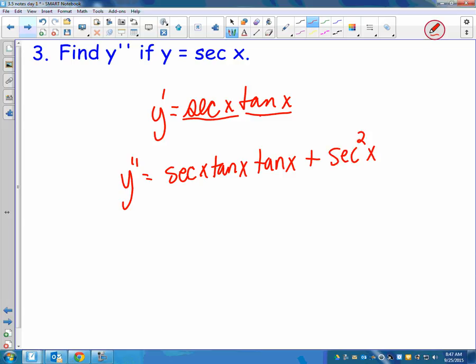Secant squared x times secant x. It's a lot of secant. So that would be secant x tangent squared plus secant cubed.